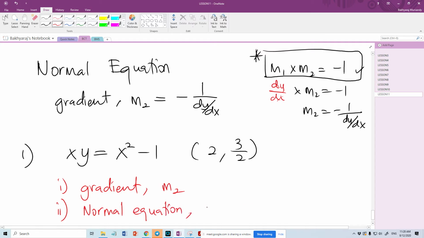Normal equation is y equals M2x plus c. It's the same thing, only the M is different. And M2 is related to M1 by negative 1 over M1. Try first.